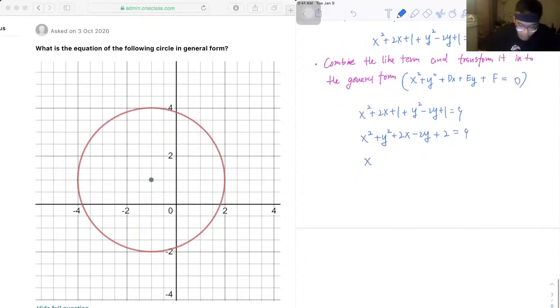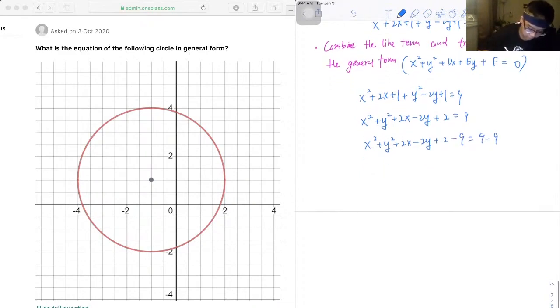And then we want to move 9 to our left hand side in order to have a 0 on one side. So we need to minus 9 on both sides in order to get rid of the 9. So that's going to be x squared plus y squared plus 2x minus 2y plus 2 minus 9 equal to 9 minus 9.